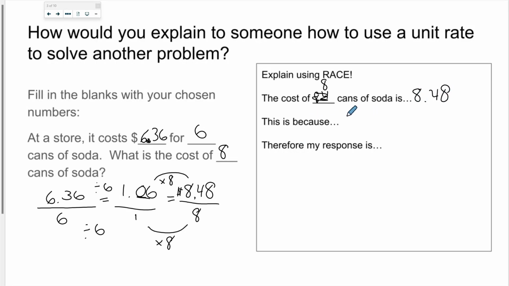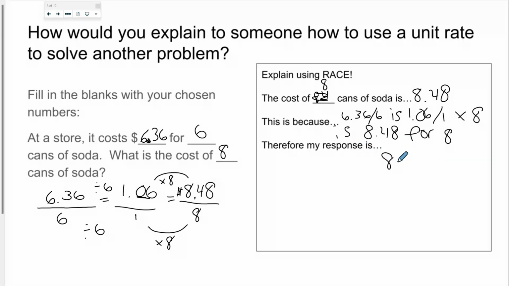This is because $6.36 for 6 is $1.06 for 1, times 8 is $8.48. Therefore, my response is $8.48 for 8 cans.